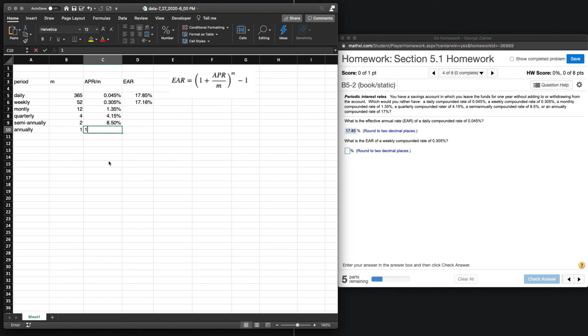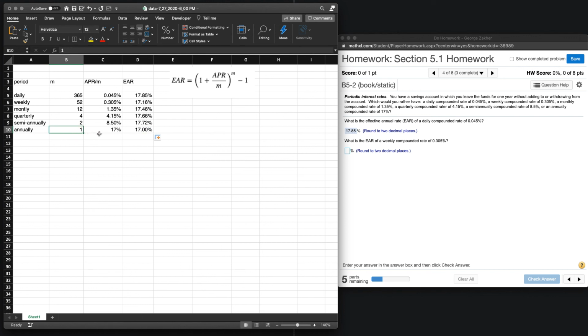All right, wonderful. So, again, it's really important just understanding the amount of periods in that compounding year, okay? And once we can do that, we're just going to drag our formula down. And a very good sign is if we are compounding annually, okay, then our APR over M, or APR, should be equal to our ERA, okay?